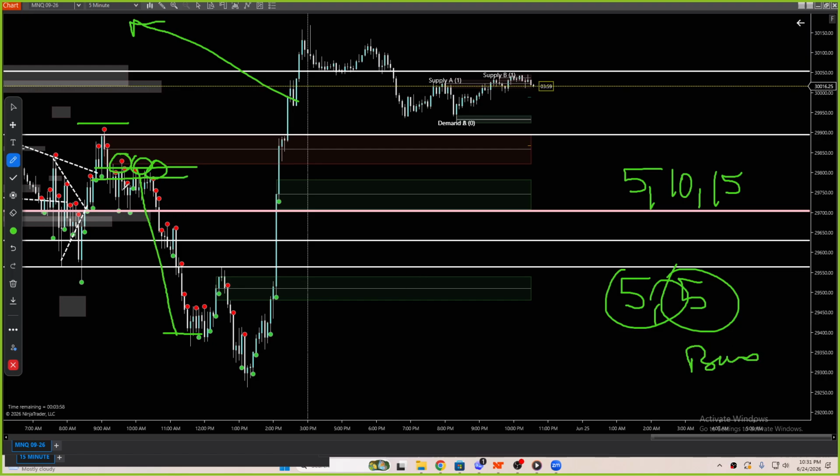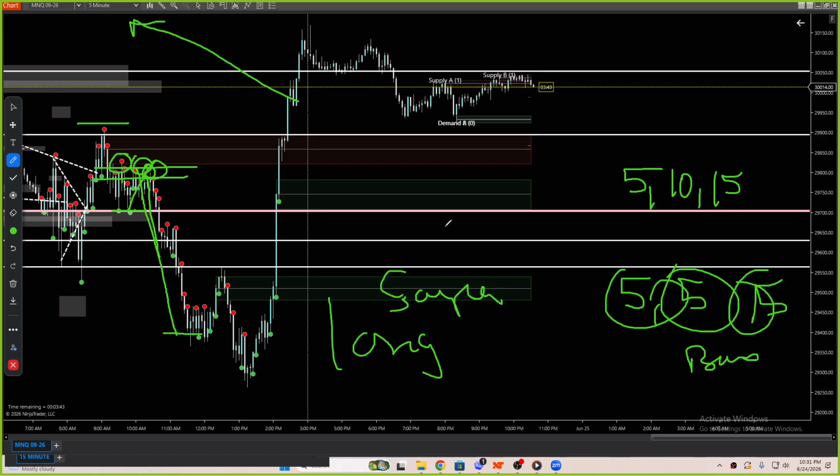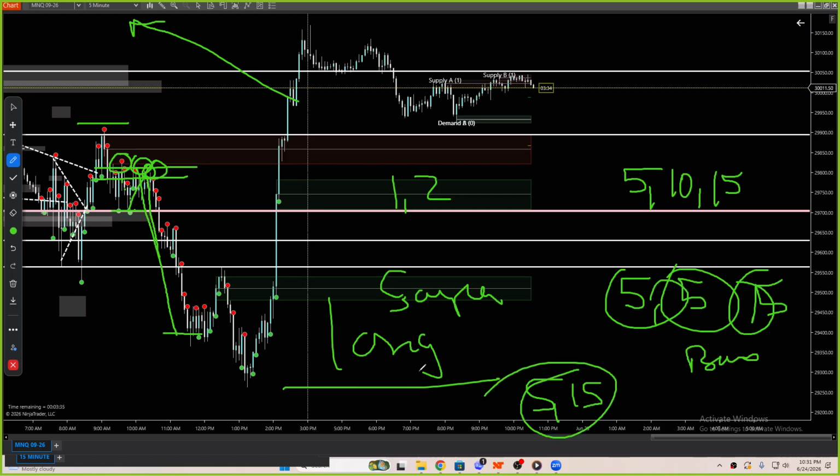So if you get in here, you got 5, 10, maybe it pulls back again, you get in it again. If you stay in a little bit longer, you can use this strategy and trade it long term, or you can keep it as a scalper. Scalper, you're going to be more on the 1 and 2 minute time frame. A little bit longer term trade, you're going to be on the 5 and the 15, okay? 5 and 15 really shows price really well.